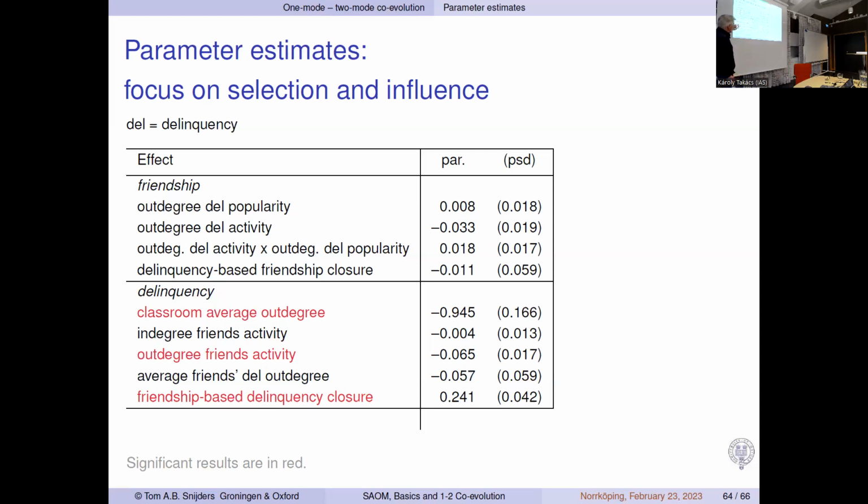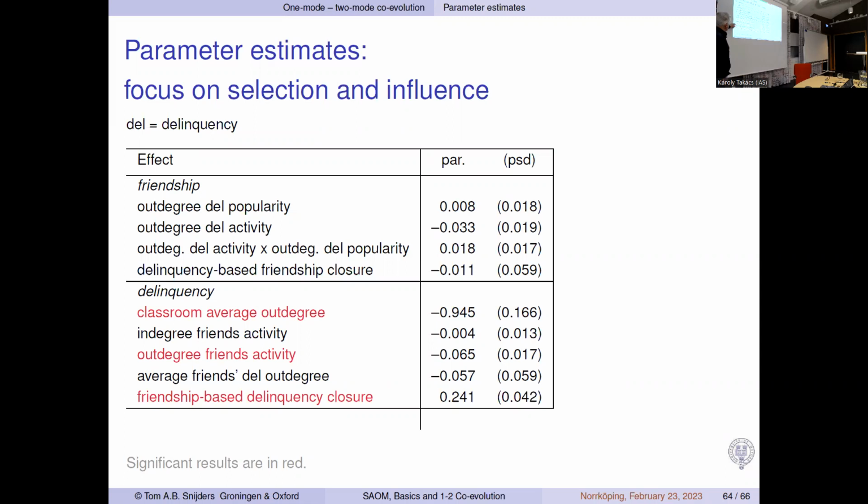And how degree friends, so friendship-based delinquency closure, that means closure and doing the same delinquent acts as your friend. So there is influence at the level of the individual delinquent acts.